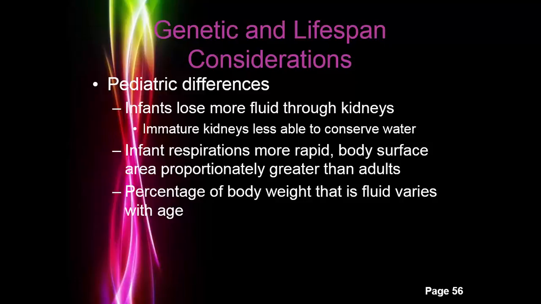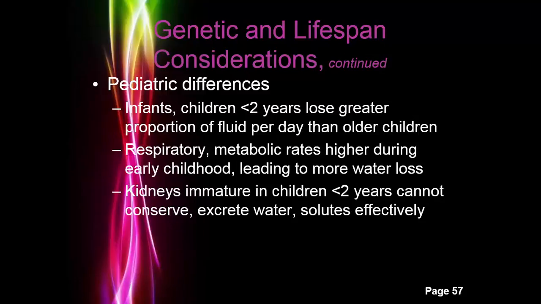The percentage of body weight that is fluid varies with age, which we've already talked about. Infants and children less than 2 years of age lose a greater proportion of fluid per day than adults, so they are more dependent on adequate intake.